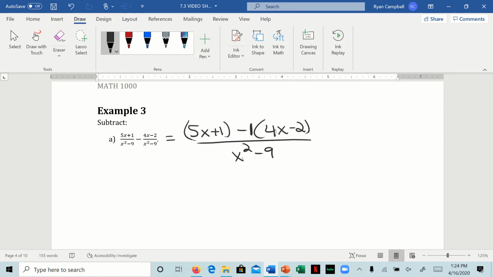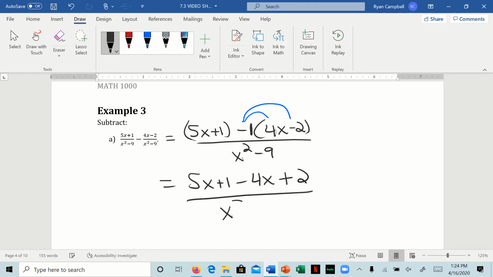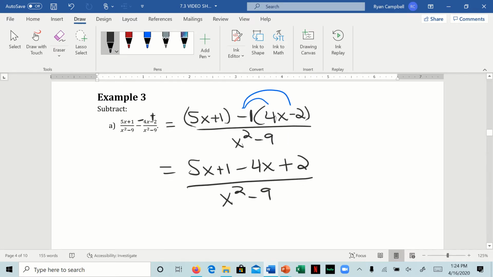So another way to think about it is we can distribute this negative 1 to both things, right? So 5x plus 1 minus, parentheses, 4x plus 2, over x squared minus 9. So either just flip the signs, so it's minus 4x and plus 2, or have it negative 1 and just distribute that negative. Both things mean the exact same thing.